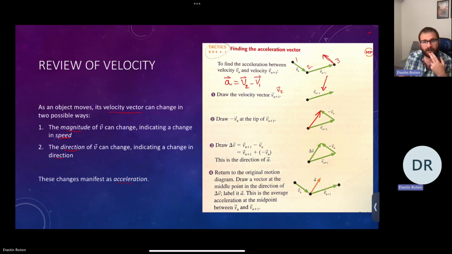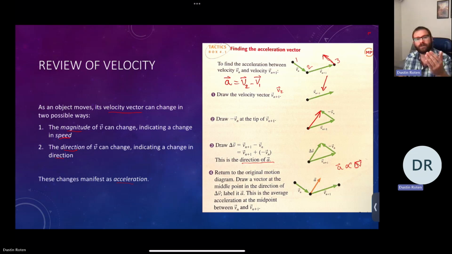Once you draw that difference in, that is your change in velocity, your delta v, and this is also the direction of the acceleration. So your acceleration is proportional to your change in velocity, but we already knew that. That should be a review for us.